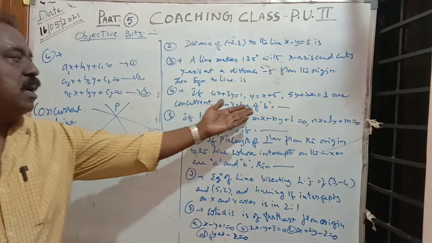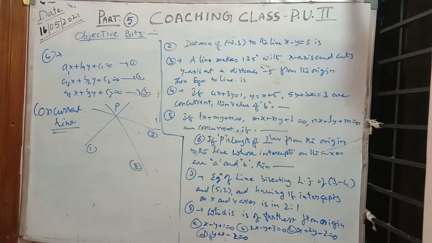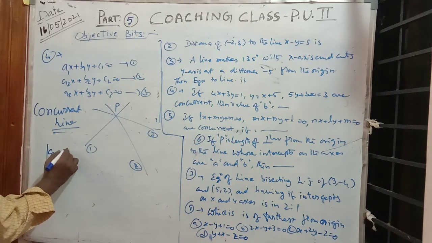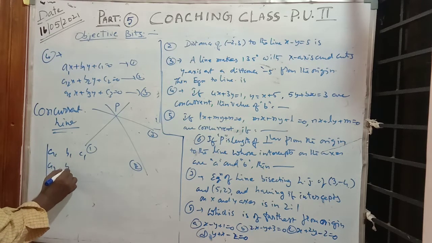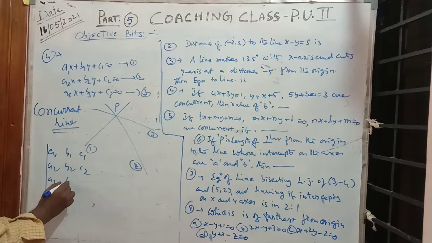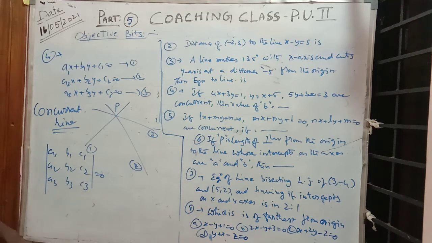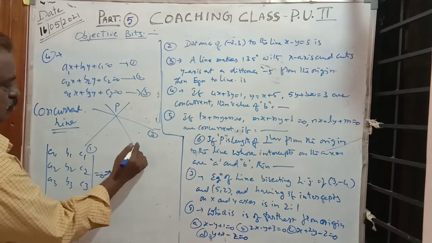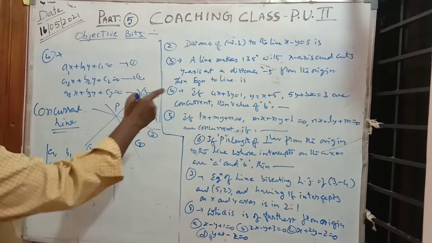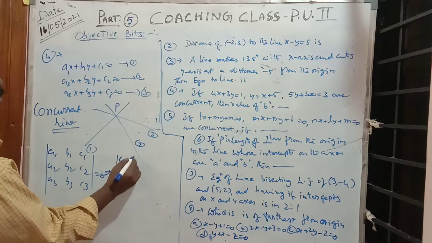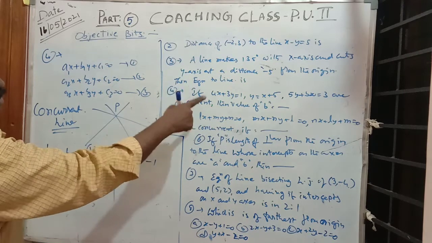We have to find the value of b. b is there in the third line. But a condition is there. Here the coefficients must be arranged like this. If you take this determinant, it is 0. The determinant of the coefficients of the 3 lines is 0. So here you see that it is 4, 3, -1.